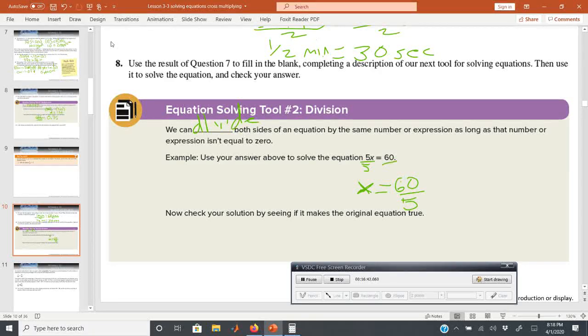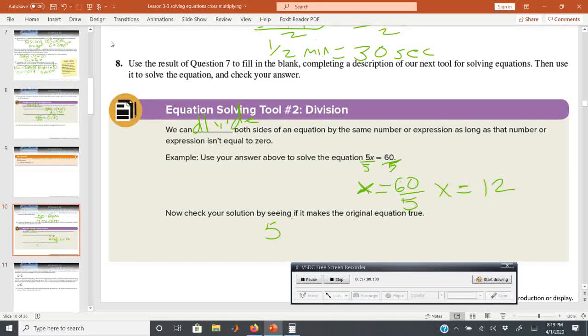Use your answer above to solve the equation 5x equals 60. Intuitively, if we think about this, I'm going to multiply by 5, and the answer is going to be 60. We can find that x by taking 60 divided by 5.